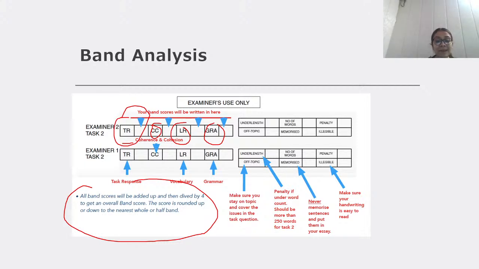Amazing. So guys, the intent and the purpose and the reason why I'm making you do this is because it has a lot of relevance. If you understand this relevance, you would never lose marks, and you would not have to consult 100 different people to know what my band is, what score I'll get, how I will be evaluated.